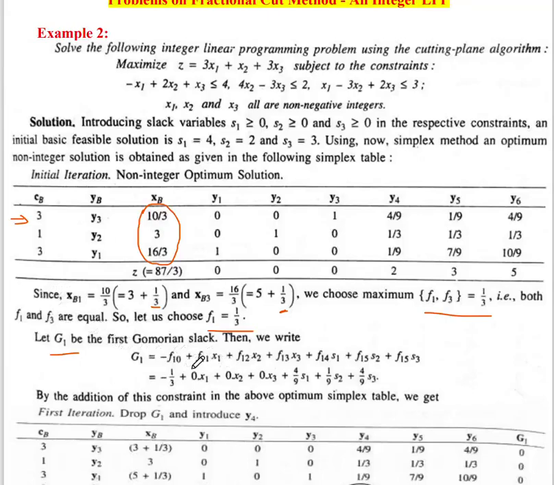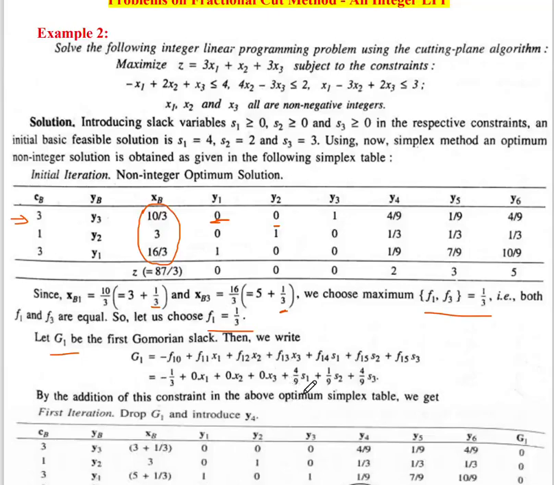The Gomorian slack variable can be defined as follows. Here minus F10 means minus F1, the fractional part, that is minus 1 by 3. F11 means the fractional part of this term, that is 0.